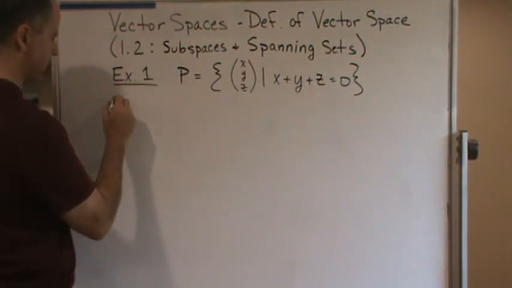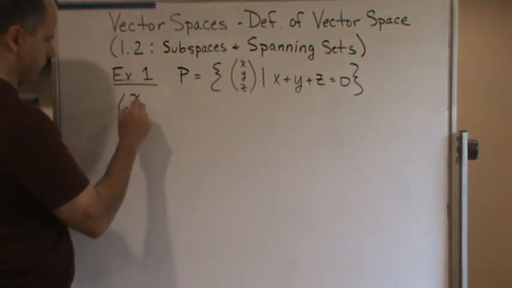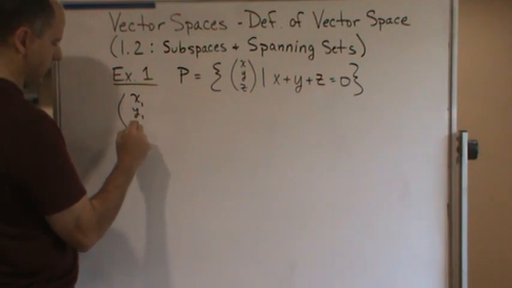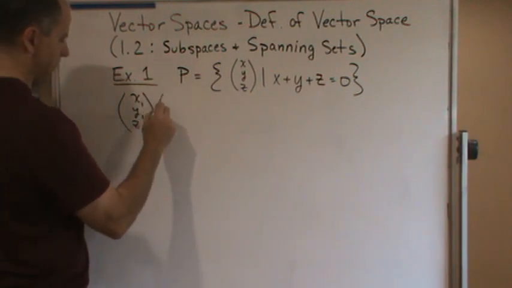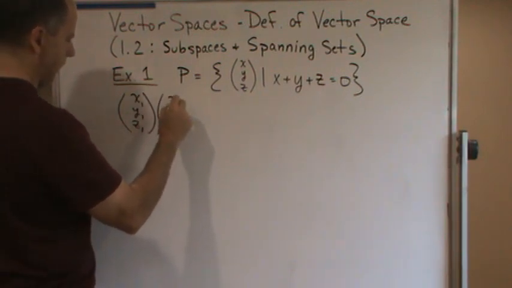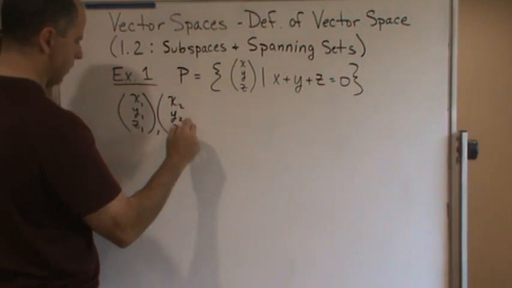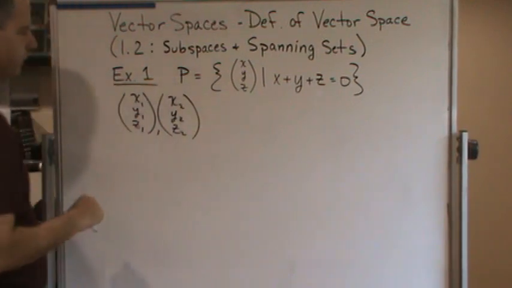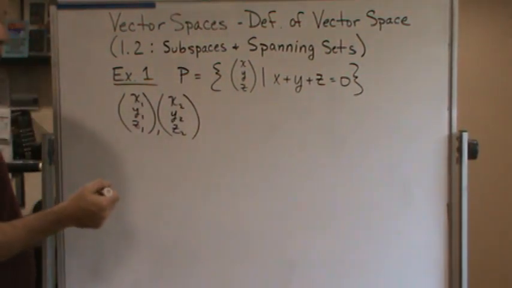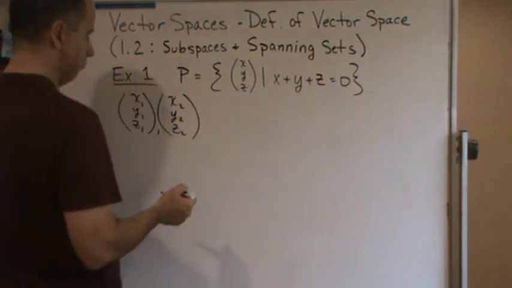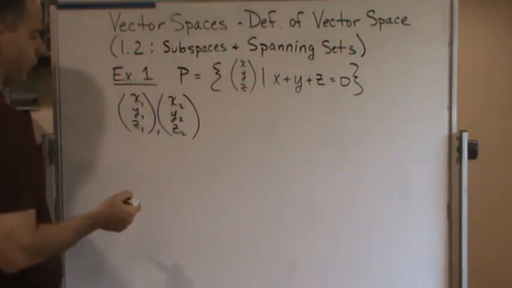We take two vectors in P, x1, y1, z1, and x2, y2, z2. What if we add them?